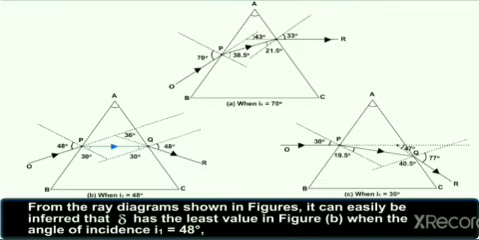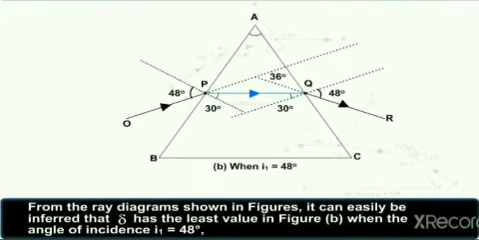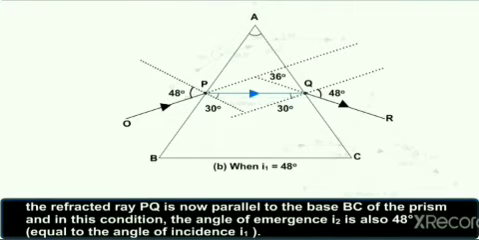From the ray diagrams shown in the figure, it can easily be inferred that delta has the least value in figure B, when the angle of incidence I1 is equal to 48 degrees. The refracted ray PQ is now parallel to the base BC of the prism, and in this condition, the angle of emergence I2 is also 48 degrees, equal to the angle of incidence I1.